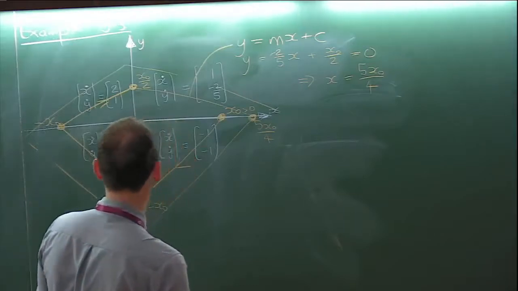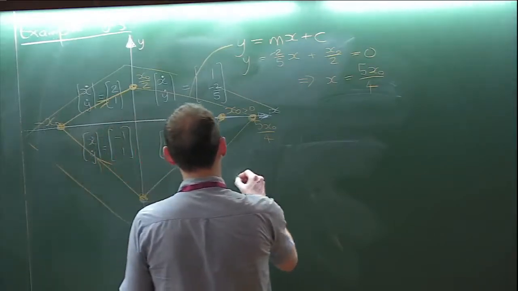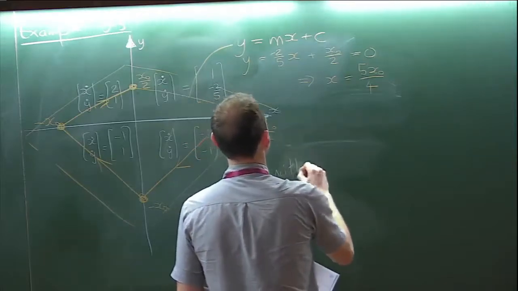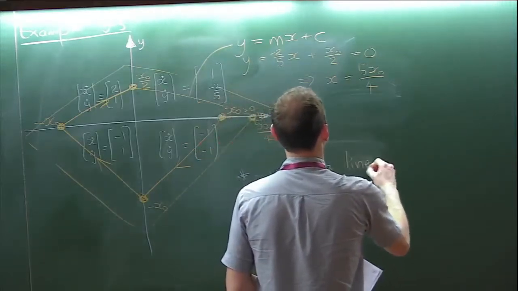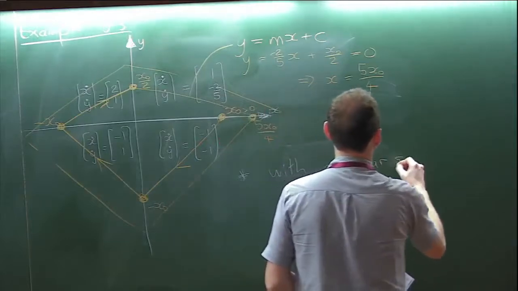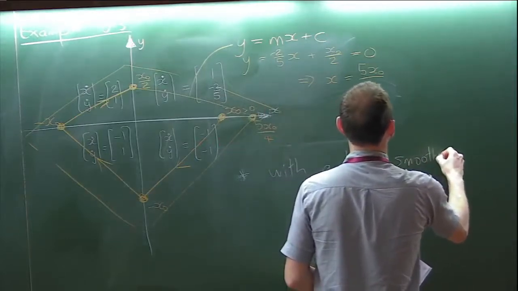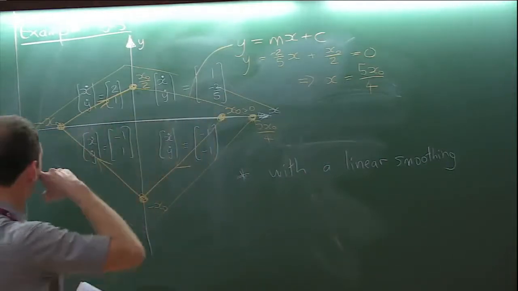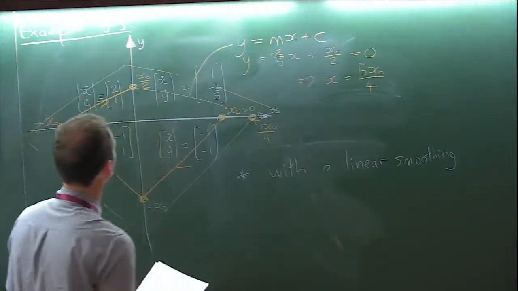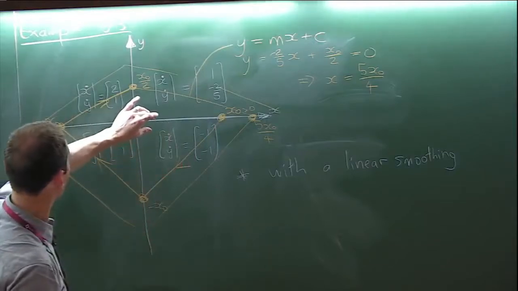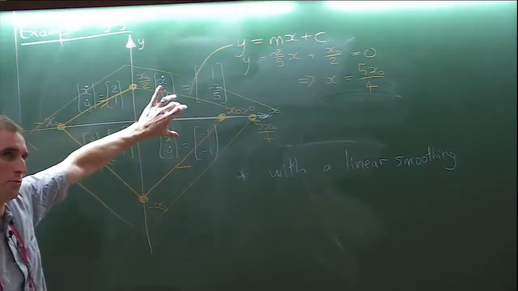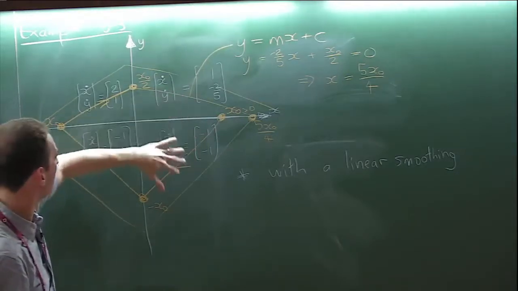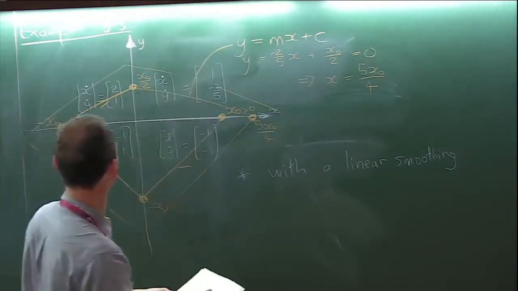So then we could smooth the system if we wanted to. Linear smoothing. So the simplest way I think we could smooth is to replace the switching manifolds with little bands of width 2 epsilon, and then just make the system continuous across those bands.